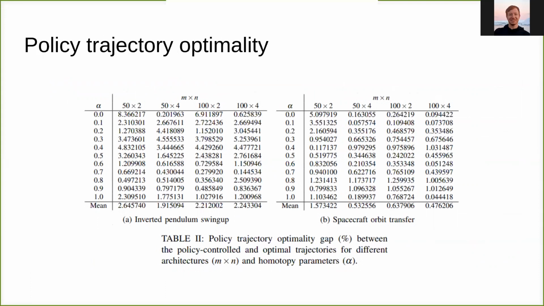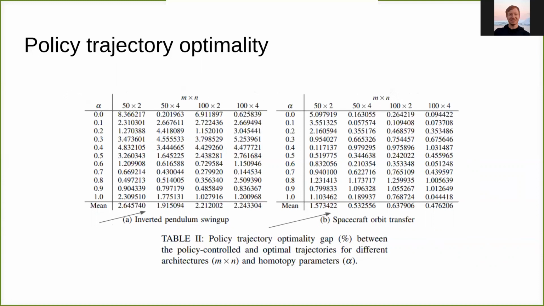After doing so, we compute the true optimal trajectory between the endpoints of the resulting trajectory. We compute the policy trajectory optimality as the relative difference between the cost of the policy-driven trajectory and this resulting optimal trajectory. We do this for various breadths and depths of networks like before, and for a linear spacing of homotopy parameters.